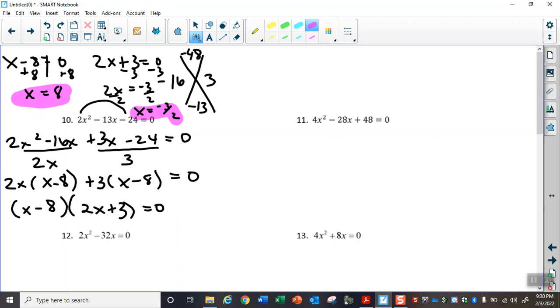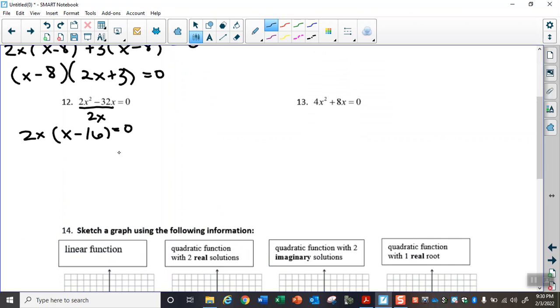Now notice if you just have two terms here, sometimes that kind of throws people off. You just look for the GCD here first. So it would be 2, and then they both have an x. And so you're going to factor out the 2x in front. Divide this so you get x minus 16. All right, and so you set each of these equal to 0.